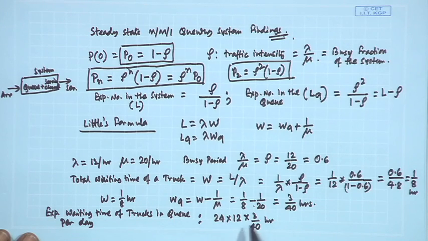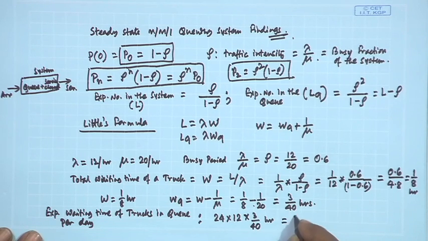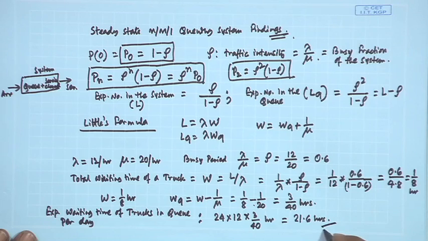In a day there are 24 into 12 trucks coming. If you multiply all of these, the total value comes to approximately 21.6 hours, right. So, this is the problem that we have solved.